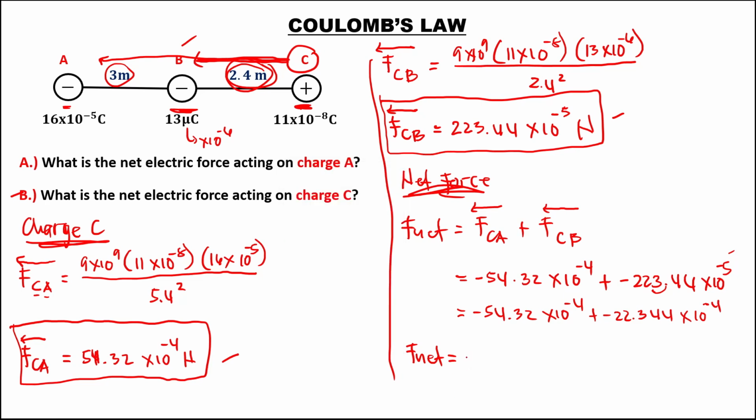So the net force is negative 76.66, then times 10 to the power negative 4 Newton. Now, since the net force is negative, therefore the direction of the net force is to the left. So if the net force is positive, the direction of the net force is to the right.